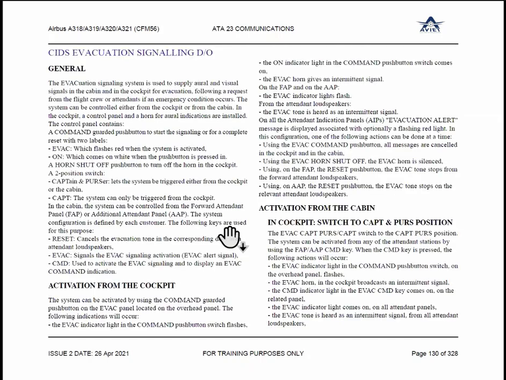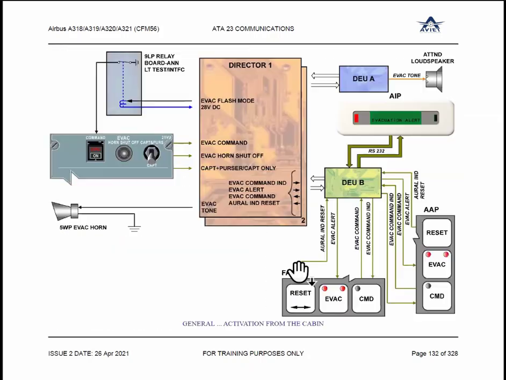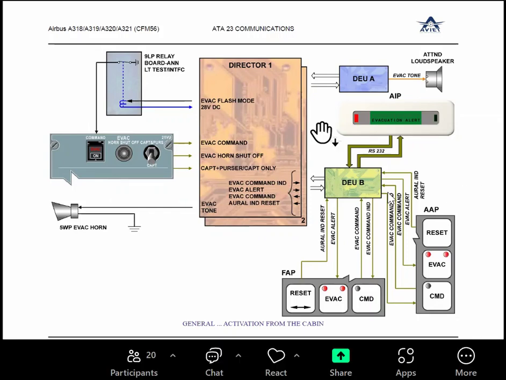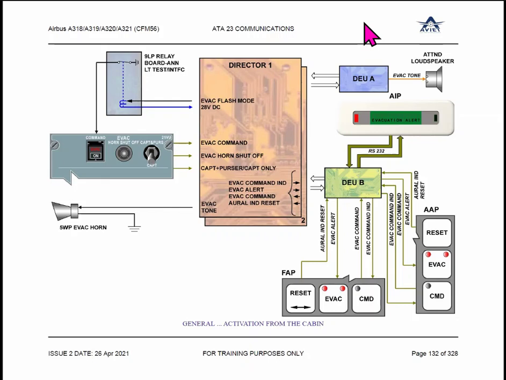Evacuation signal and warning. This is the evacuation panel in the cockpit. Now, the evacuation signal process. You know why evacuation is required? First of all, we need to understand the evacuation. What is evacuation?